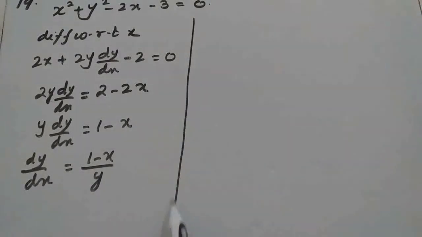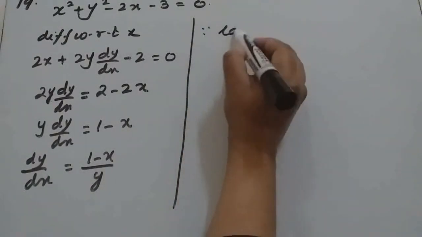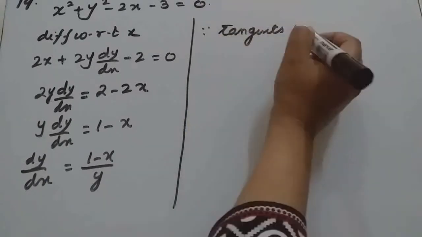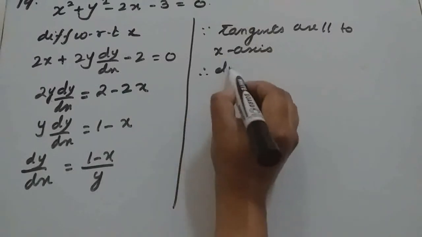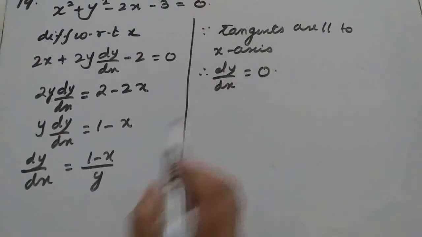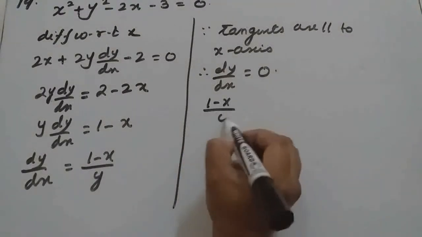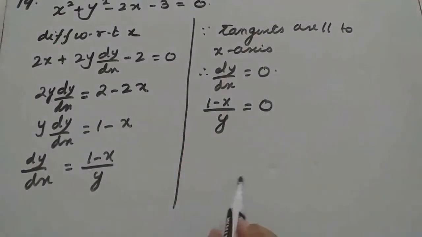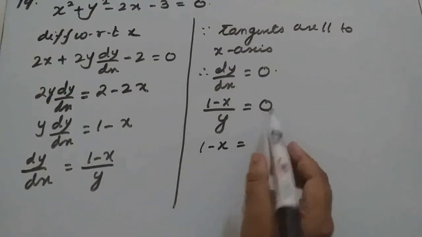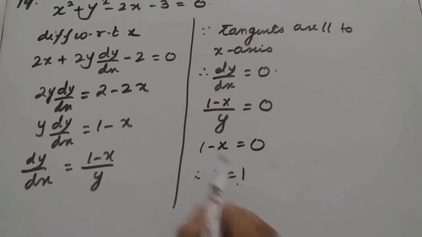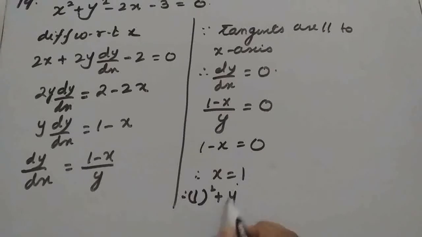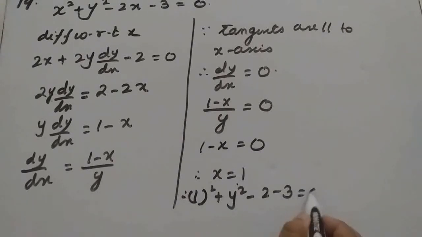Okay, but since the tangents are parallel to the x-axis, therefore dy by dx will be 0, slope will be 0. But we got the slope is 1 minus x by y equal to 0. That is 1 minus x, this y will shift this side, 0, therefore x value is 1. Okay, so if x is 1, we can find y here. So 1 square plus y square minus 2 minus 3 equal to 0.